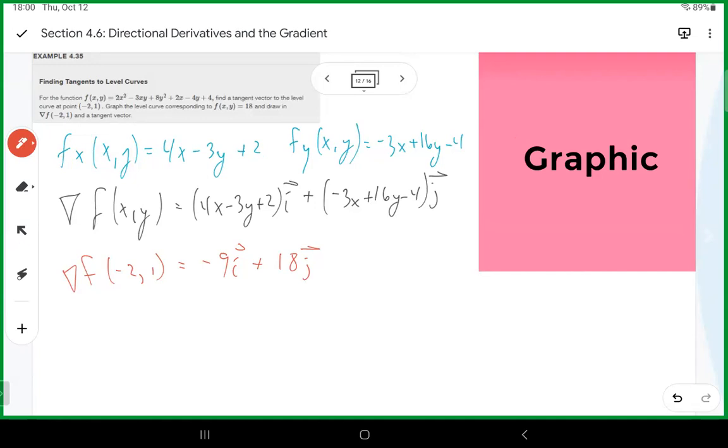So this vector is orthogonal to the curve at -2, 1. We can obtain a tangent vector by reversing the components and multiplying either one by -1.